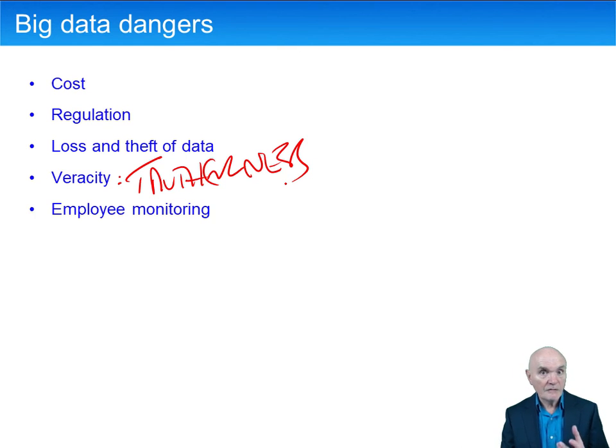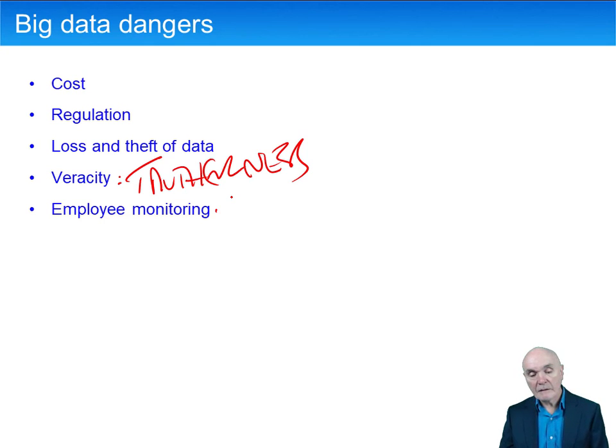If we're doing facial recognition, that it's spotting the right person. And the final one that people talk about a little bit is employee monitoring. This is monitoring employees at work. So if you can, maybe because of an identity badge which has a little transmitter in it, you can trace where anybody is at any time of day.